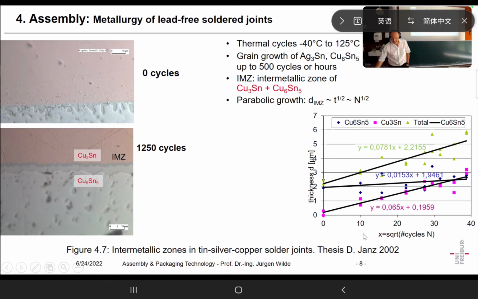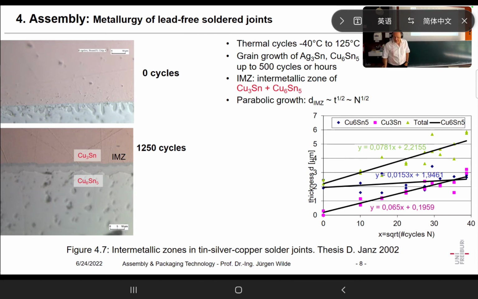And what we also found out is that the growth of that layer is not linear with time, but it is growing with the square root of time. But of course, growth speed also increases with temperature in an exponential way due to the Arrhenius equation.